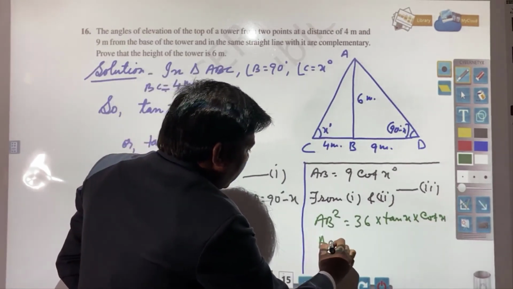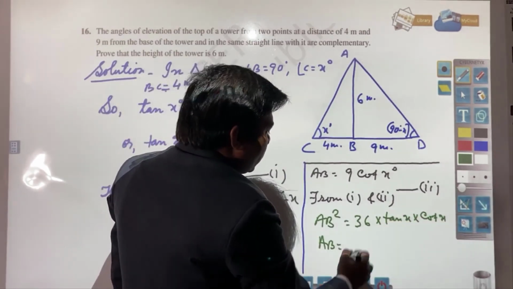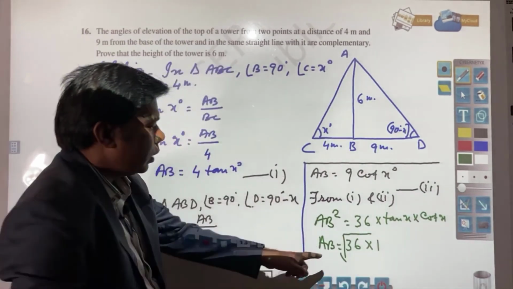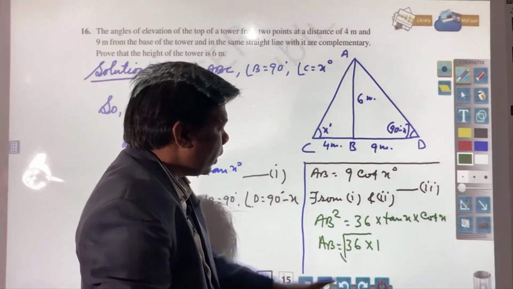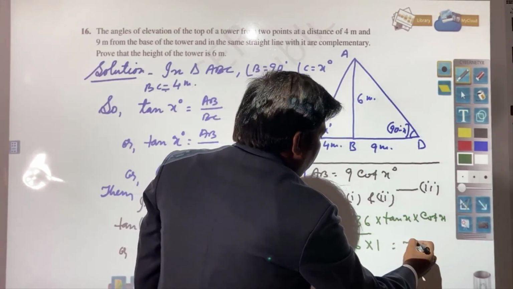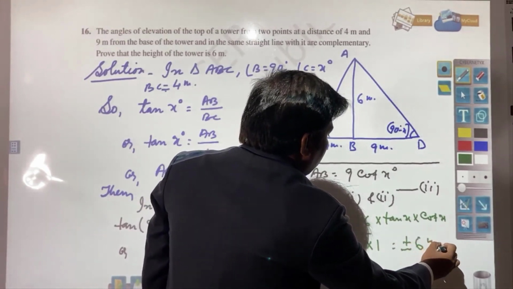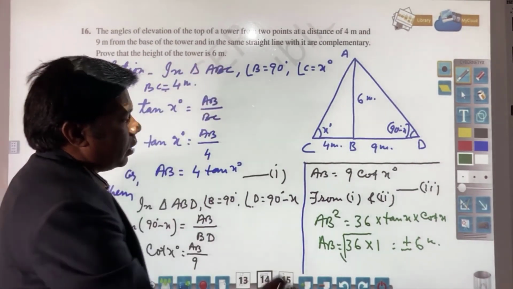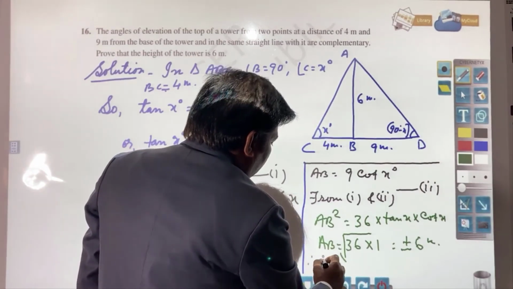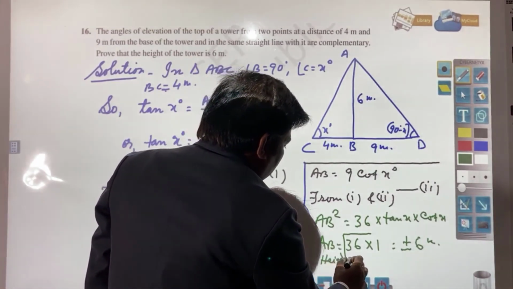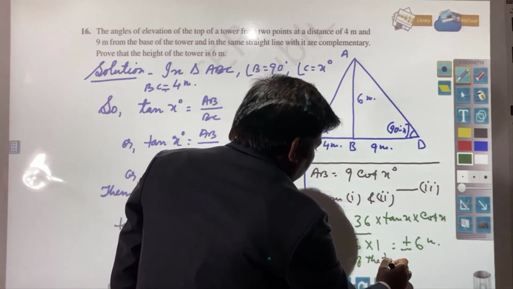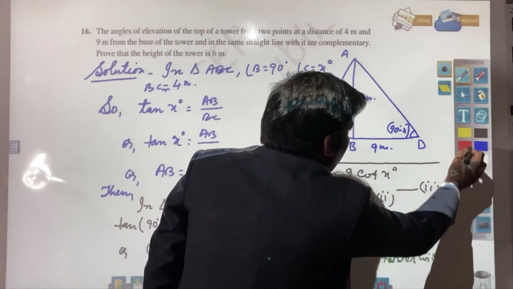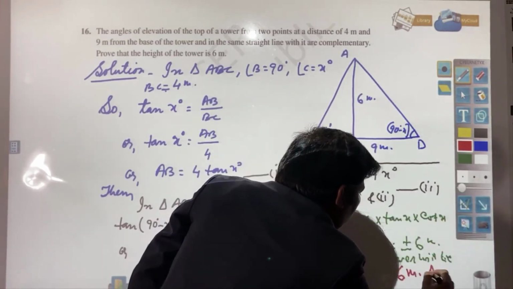Tan x and cot x will be cancelled, so AB is under root 36 into 1, which is plus minus 6 meter. What you have to find out? Prove that the height of the tower is 6 meter. Therefore, the height of the tower cannot be negative. The tower will be 6 meter, and this will be your answer.